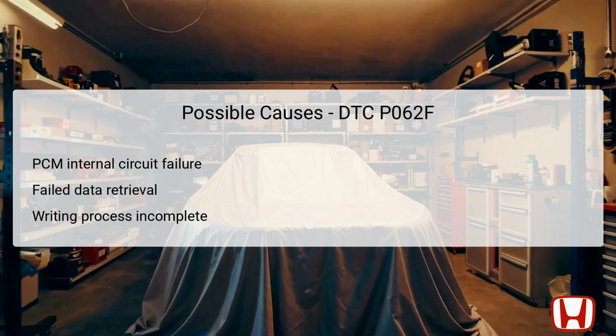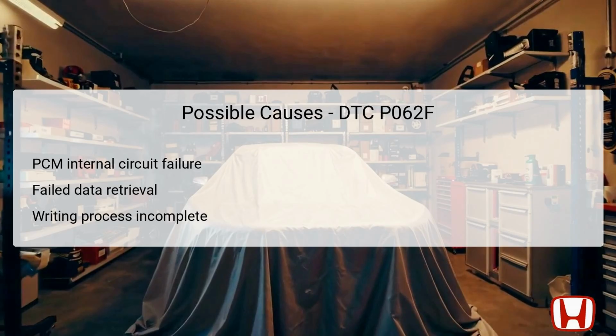Firstly, one of the most common issues is a failure within the PCM's internal circuits, which can disrupt data handling. If the CPU is unable to perform a data retrieval operation effectively, it can't access the KAM, leading to erroneous readings. Similarly, if the writing process of control data to the KAM is incomplete or fails, this can trigger the error code as well.